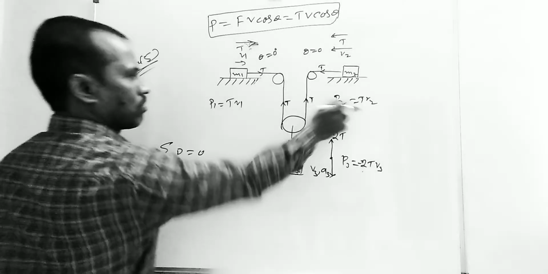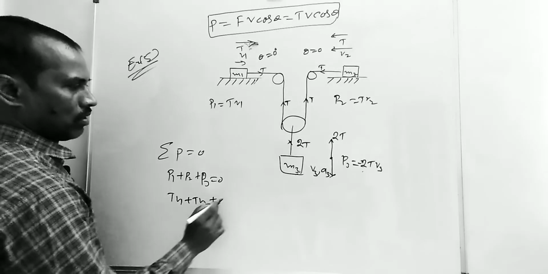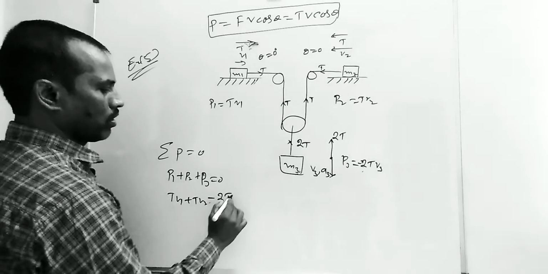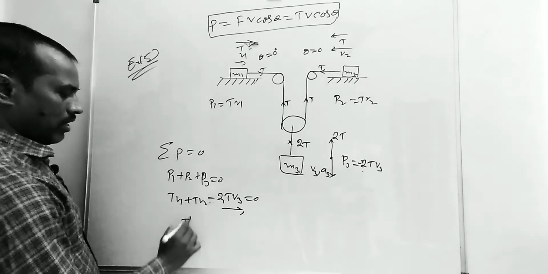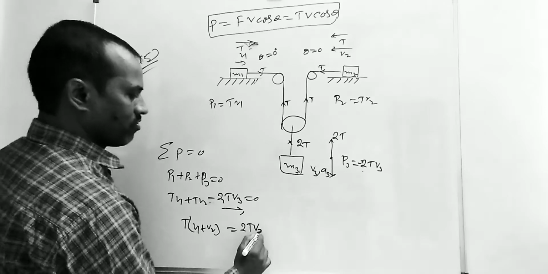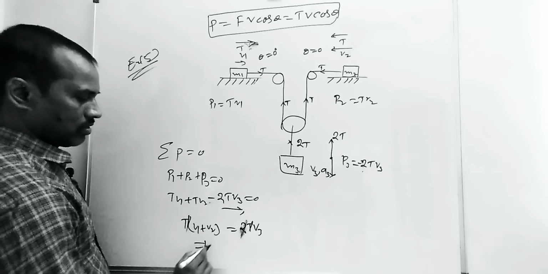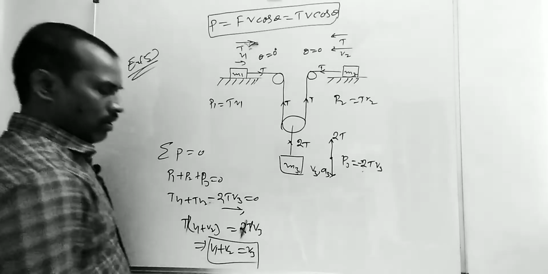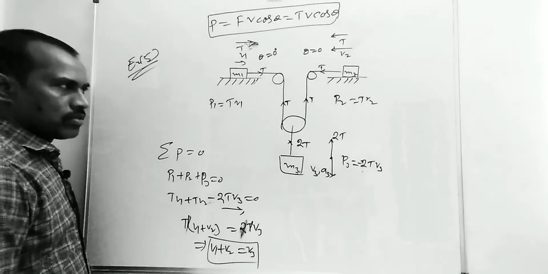Substituting, T v1 plus T v2 minus 2T v3 is equal to 0. T gets cancelled, so v1 plus v2 is equal to v3. This is the velocity of the block M3.